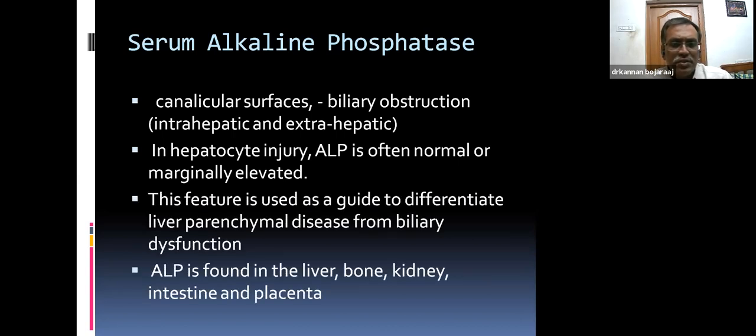This feature guides us to differentiate whether the problem is parenchymal or biliary. But it is not specific, because it is also found in the liver, bone, kidney, intestine, and placenta, not only in the liver. So with this elevation we cannot come to a conclusion, but it will guide you as to where the problem is.